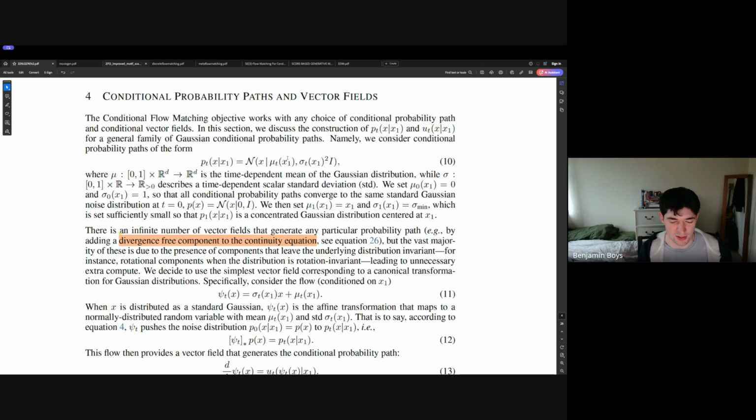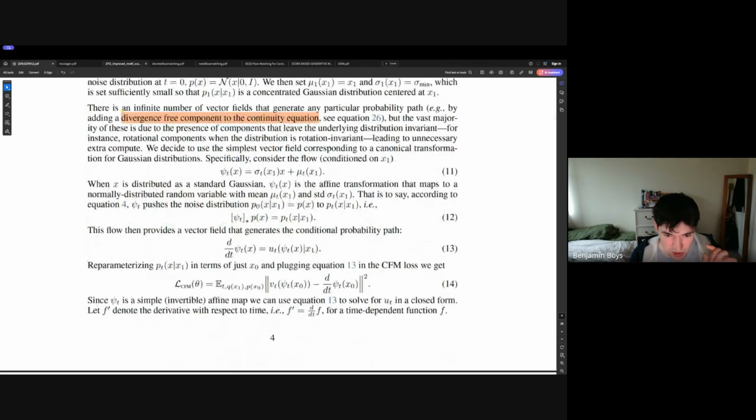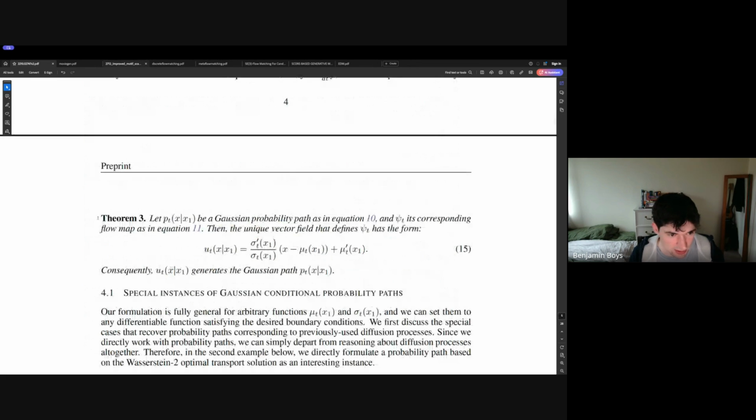And in that way, you can use non-diffusion paths, and you can say that at time 1, mu is 0 and sigma is 1, so that you're guaranteed to start at the normal distribution. And so you're now no longer interested in ODEs or SDEs. You can just directly parameterize what mu and sigma are. And that means that you can evaluate this in one step. And they found a way to convert the conditional probability distribution to a marginal distribution using theorem 3. So I recommend looking at the derivations of theorem 3.